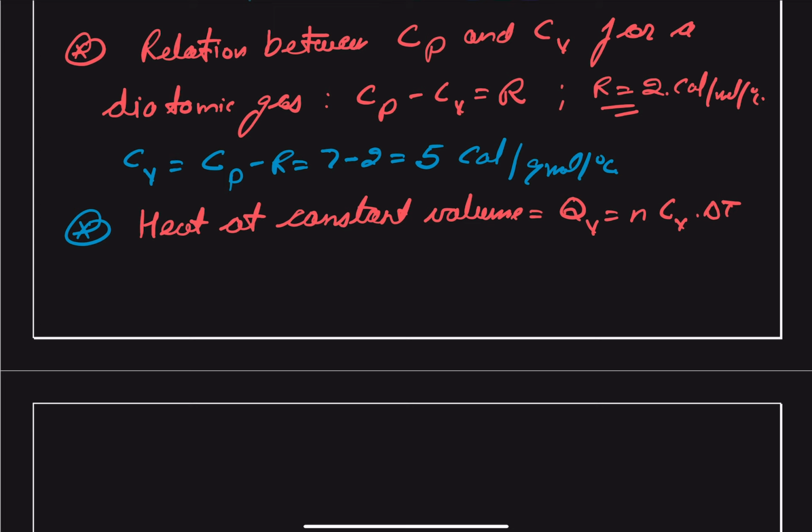We get Qv equal to 2 multiplied by 5 multiplied by 5, and this gives us 50 calorie.